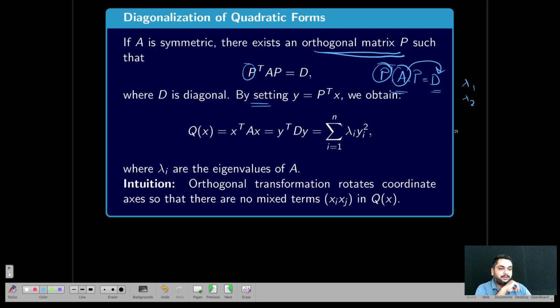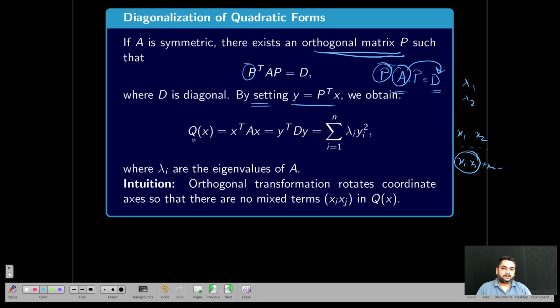Now you can simplify it still further. Instead of writing x1, x2 and all those things, because we'll get x1 x2 plus x2 x3 terms like this, I want to convert this into a single variable, so it will be easy for me to solve. For that, if it is diagonalizable, you set y equal to P transpose x.